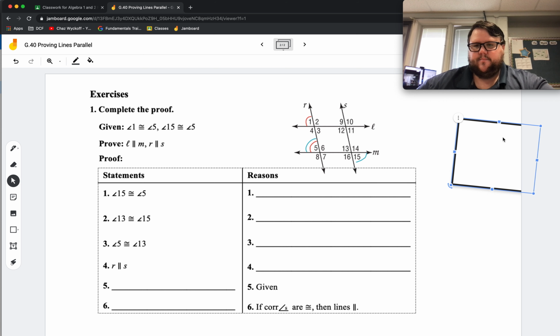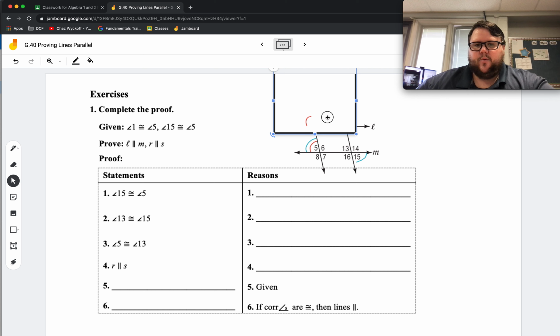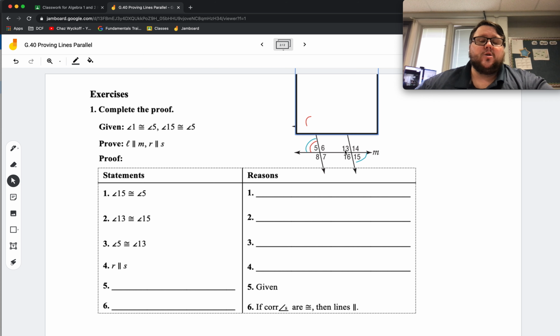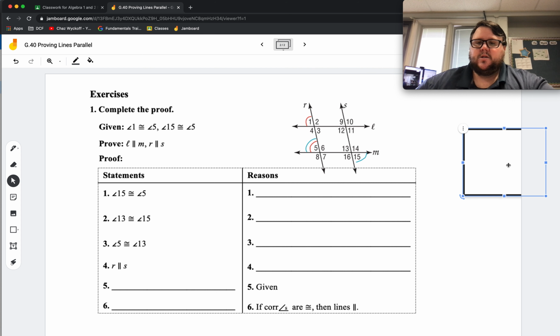So now what that's saying is look at these two angles. What we have are alternate exterior angles. And remember, if alternate exterior angles are congruent, then the lines that are cut by the transversal must be parallel. So right off the bat, we have what we're dealing with. We just have to put it in words.